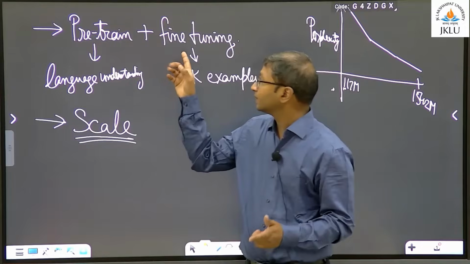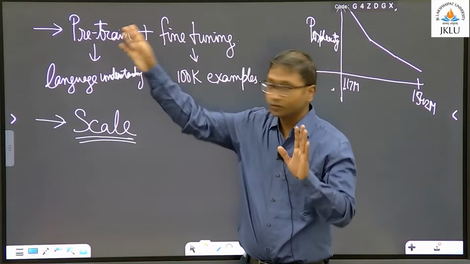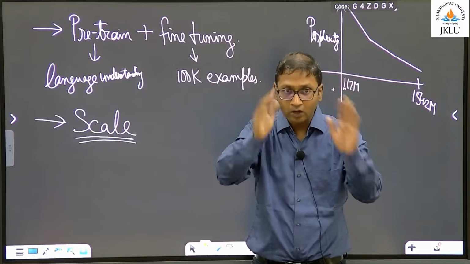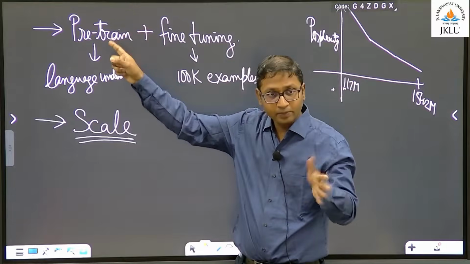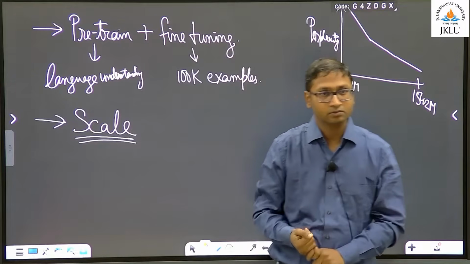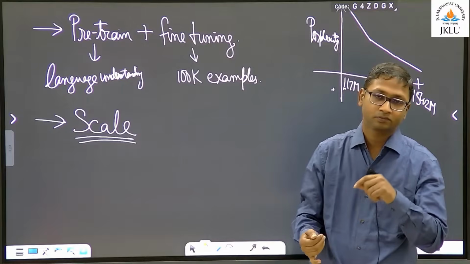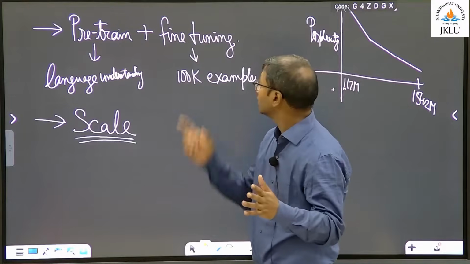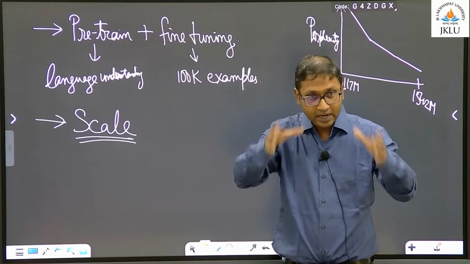Task agnostic simply means you are pre-trained on one task, let's say language modeling. Now you want to use that same network for summarization, translation, NER, NLI and so on. So all these tasks.